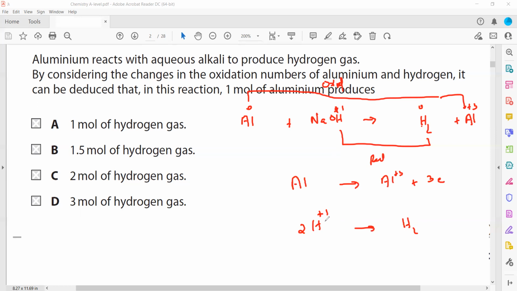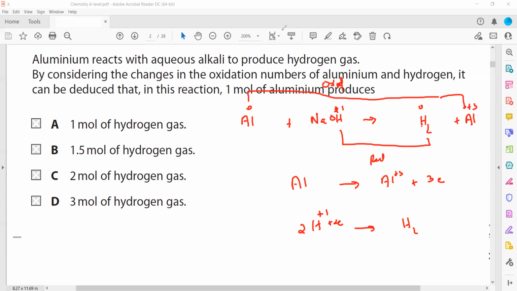One hydrogen should gain 1 electron, but there are 2 hydrogens, so they should gain 2 electrons to be a hydrogen molecule. Now, to write a balanced equation, the number of electrons lost by one should be equal to the number of electrons gained by the other.